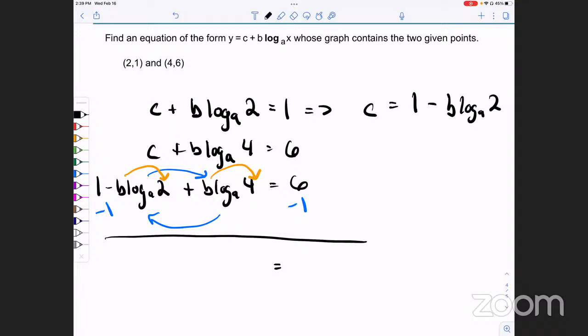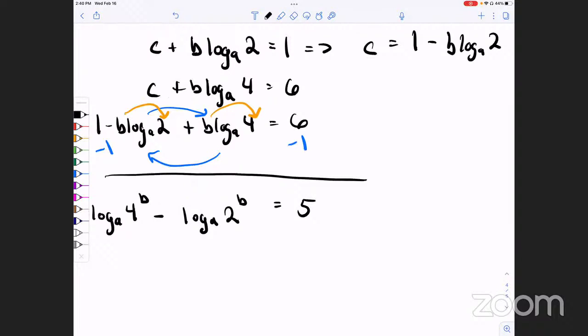So then if we account for those changes, we're gonna have log base a of 4 to the power of b minus log base a of 2 to the power of b equals 5.